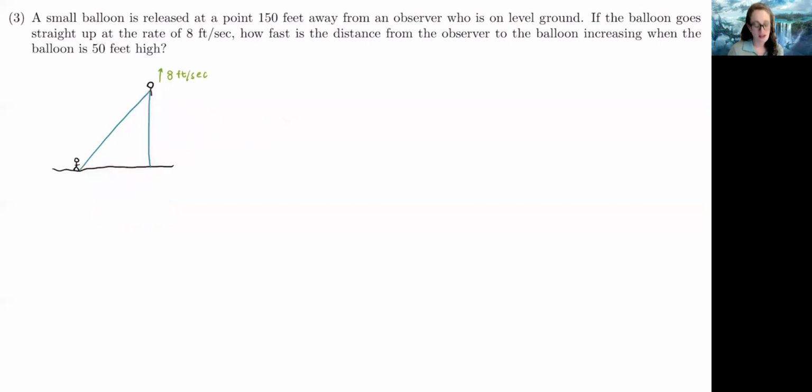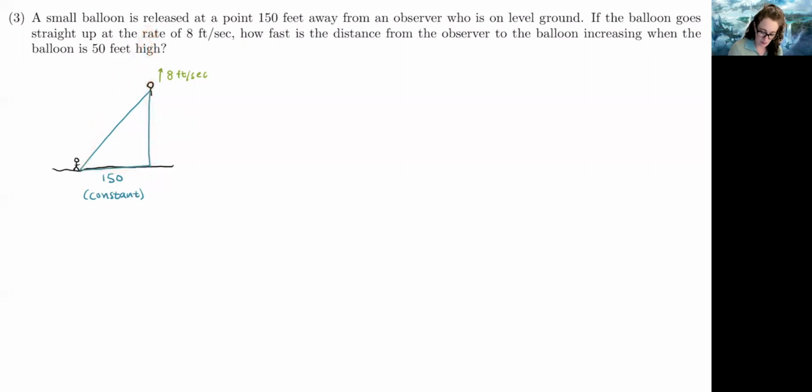So we want to not label this as 50. We want to actually label this length as a variable that's changing, but we can label this as 150 because this is constantly the same at 150. This is a constant. Okay, but again, over time, this length is of course getting larger and this length is getting larger, but this 150 is always staying the same.